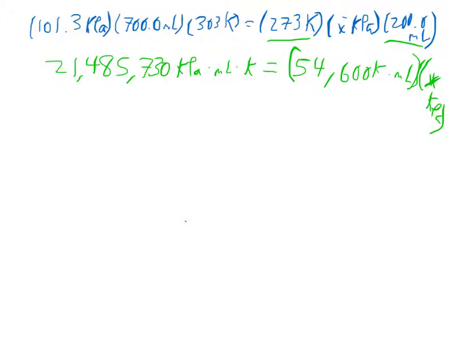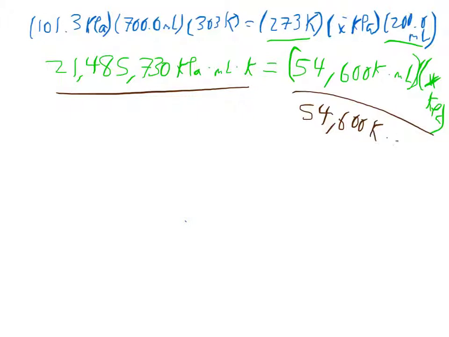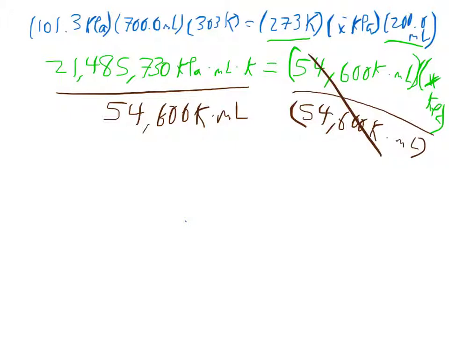The next step, in order to get x by itself, you need to divide each side by the 54,600 Kelvin times milliliters, and on this side you divide by the same thing, 54,600 Kelvin times milliliters. And on the right side, these two completely cancel each other out. The units and the numbers, everything cancels. The only thing that's left on the right side is x in the unit kilopascals.